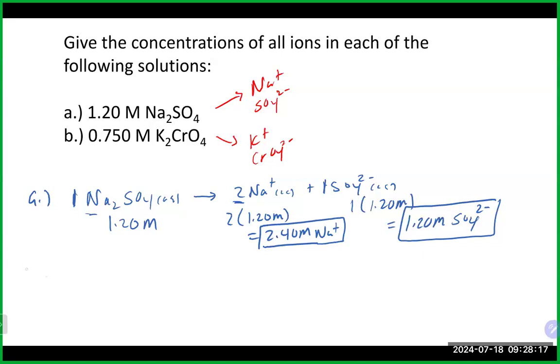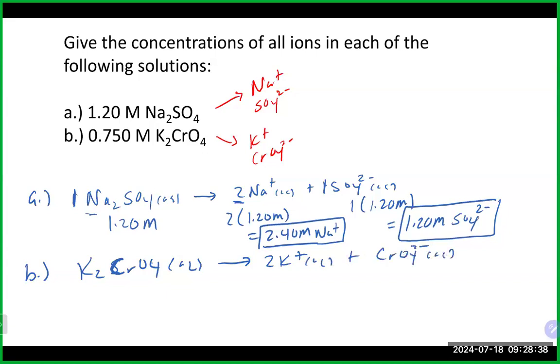For B, again, we'll start with how it breaks apart. K2CrO4 is also going to be soluble because of the potassium being present, soluble in everything. It will give us 2 potassiums in this case, and 1 chromate. Again, if this whole thing is 0.75 molar, it is a 1 to 2 relationship.